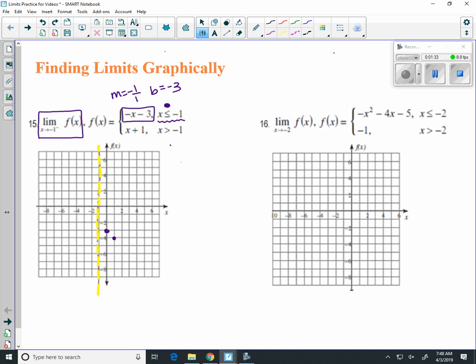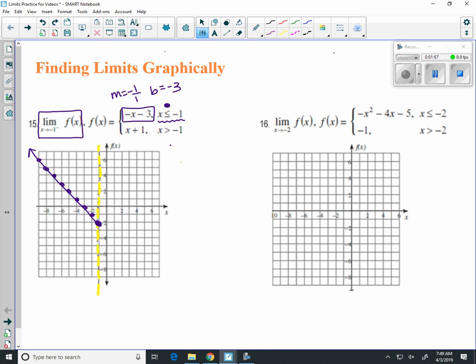So I want a closed circle when I get to my line going backwards. My slope is negative 1, so it should be a downhill. And I'm just going to go back and erase anything that was on the wrong side of the line.